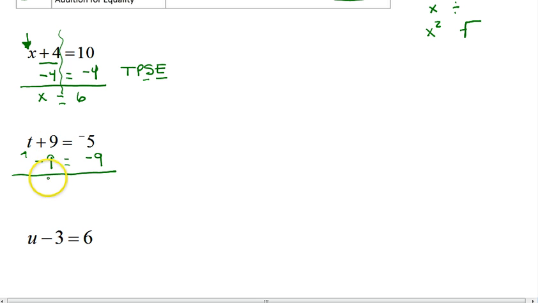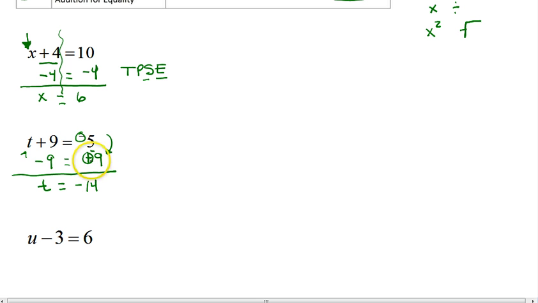Alright, t plus 9 minus 9, again, these are opposites, so I'm left with t equals. Now, watch out for problems like this, where you have a negative and a negative. I'm subtracting 9 from negative 5. If I add the opposite, I'm really adding two negatives. So negative 5 plus negative 9 gives me negative 14.